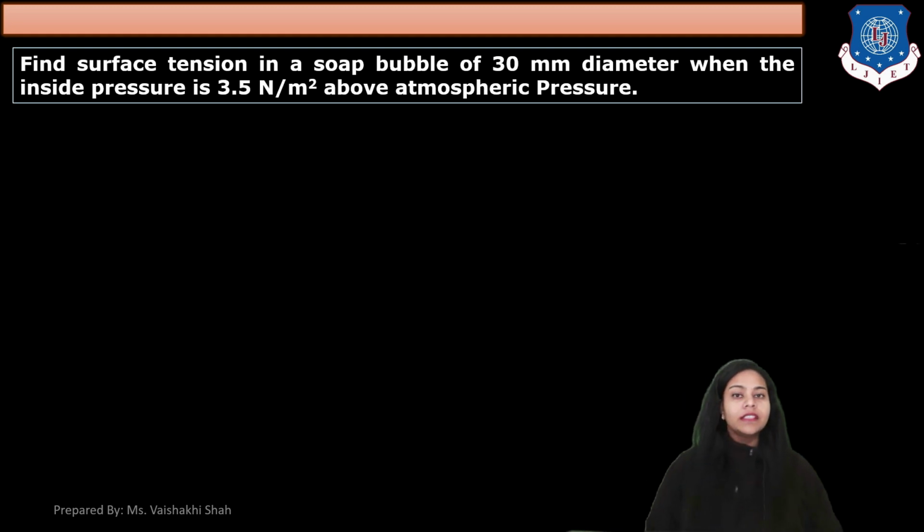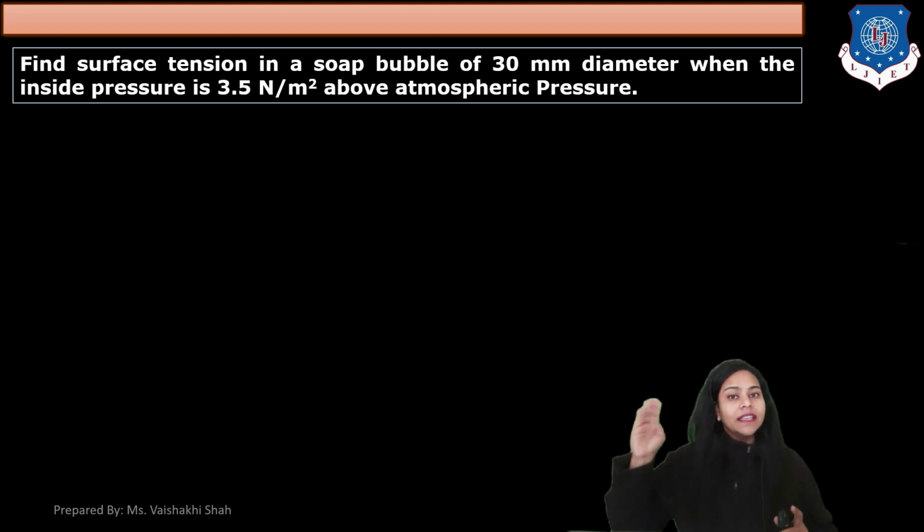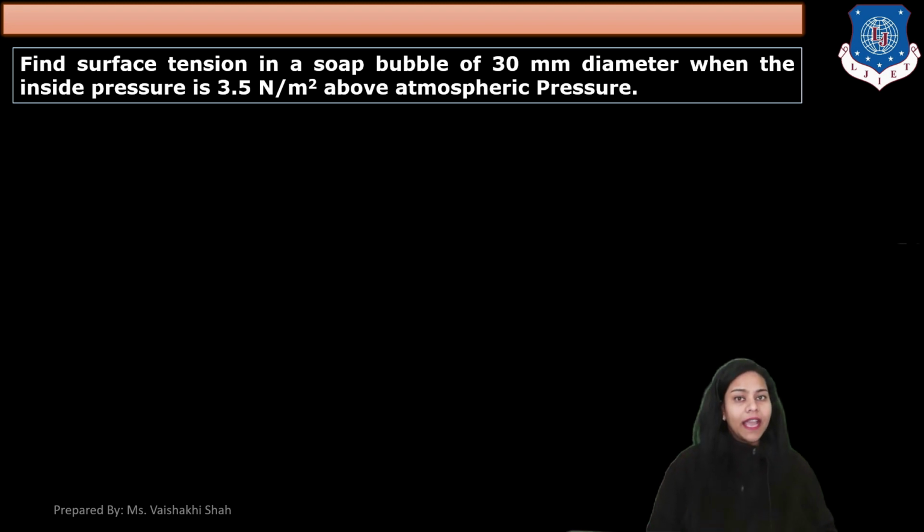Find the surface tension in a soap bubble. Here a soap bubble is given to you, which means it is the example for a hollow bubble, of 30 mm diameter, when the inside pressure is 3.5 Newton per meter square above atmospheric pressure.